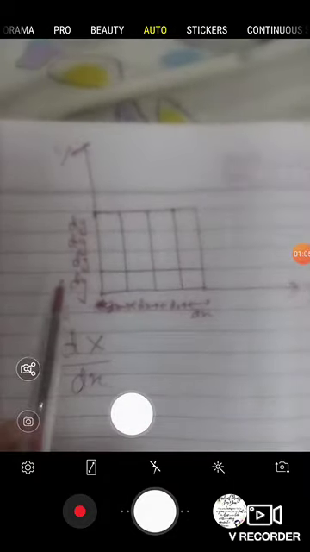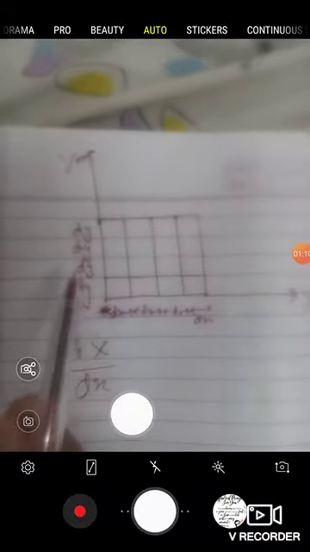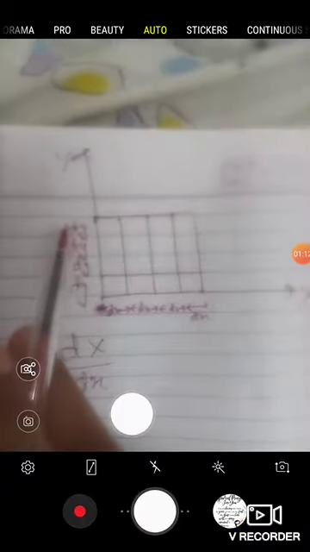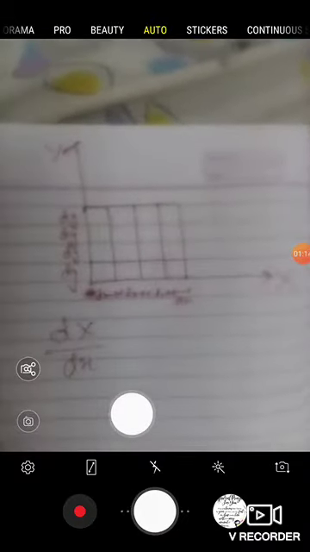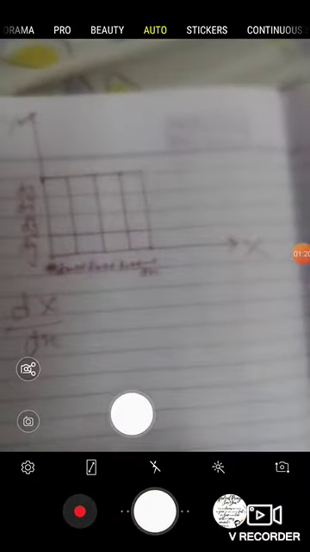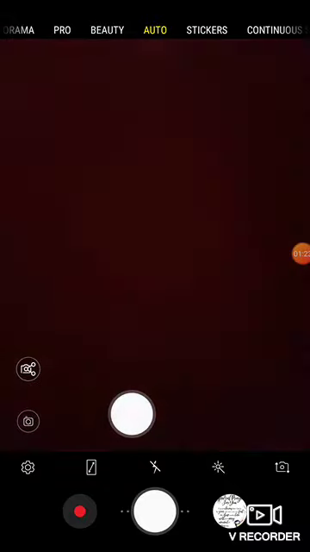In the same way I have split the y-axis, dy, dy, dy and dy. It means if you want to split a big quantity into small pieces, then this is known as what? Differentiation.